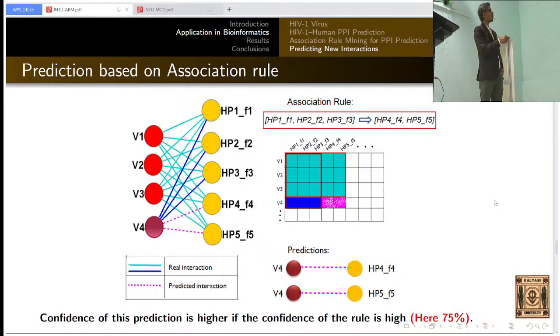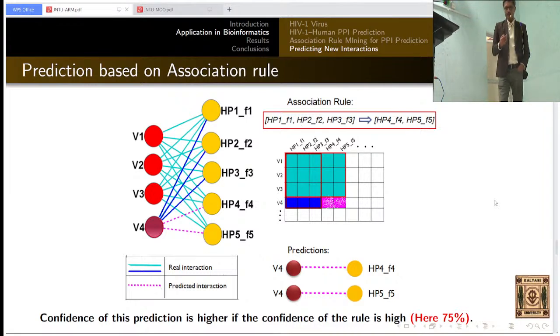But as this rule has a confidence of 3 out of 4, that means 75% confidence, with a probability of 75% we can predict that this viral protein V4 will also interact with these 2 human proteins. So that is our prediction. From the rule, we predict these interactions.